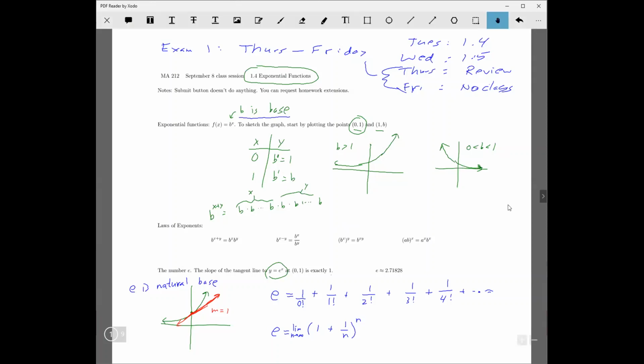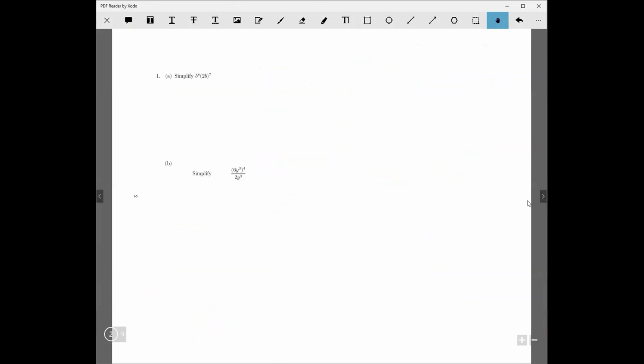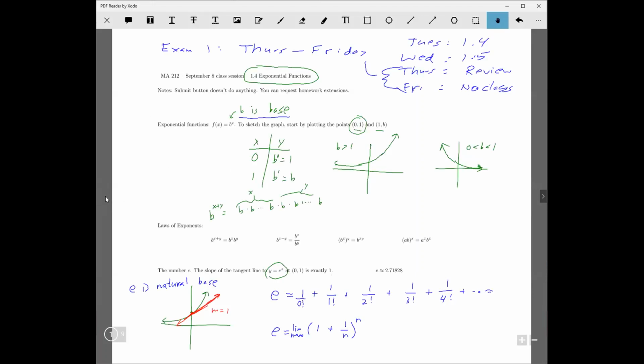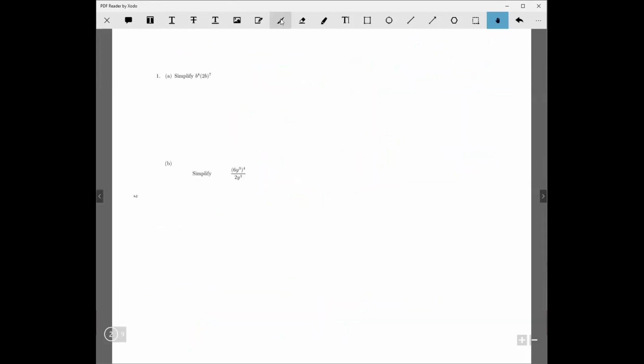Okay, so let's get into the homeworks, and let's look at the first one. We're going to do a little bit of this stuff right here. That's the first exercise. The first one is to simplify this, and we're using the last property that I mentioned.